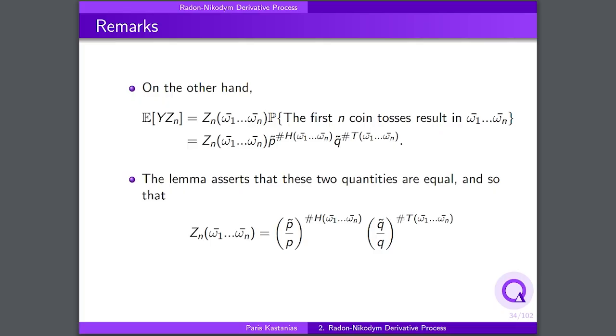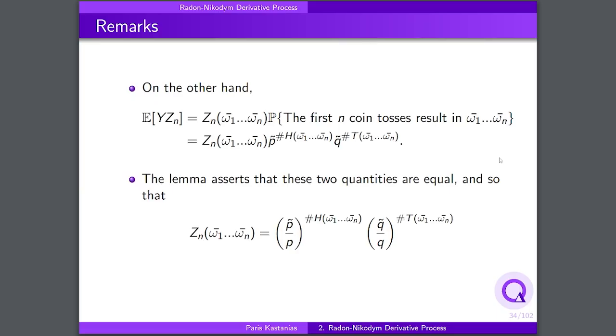On the other hand, the expectation of YZ is equal to Zn of omega bar multiplied by the actual probability of the first n coin tosses resulting in that particular sequence. Again, it's just p to the power of the number of heads and q to the power of the number of tails.